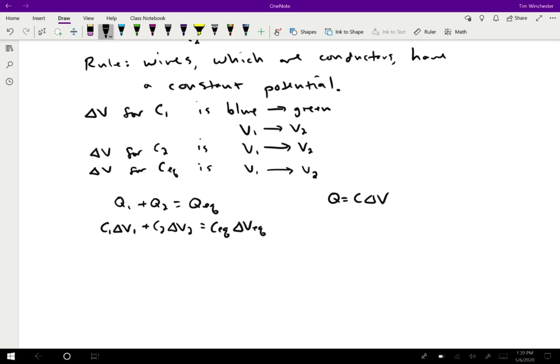But we already determined that all those delta V's are the same. So since every delta V is the same, I can write this as C1 delta V plus C2 delta V equals C equivalent delta V. I can then cancel that since it appears in every term. So I get C1 plus C2 equals C equivalent. And this is specifically for parallel capacitors.